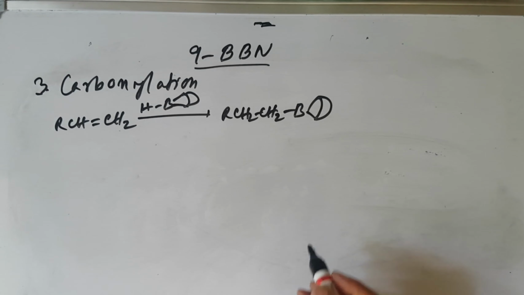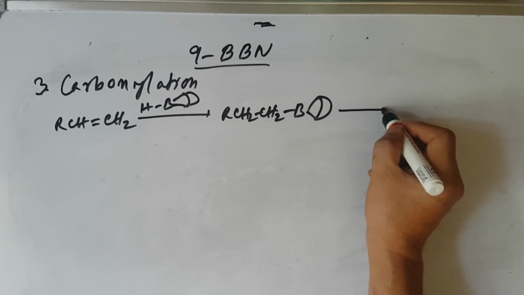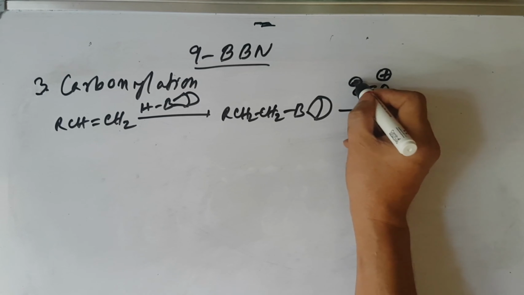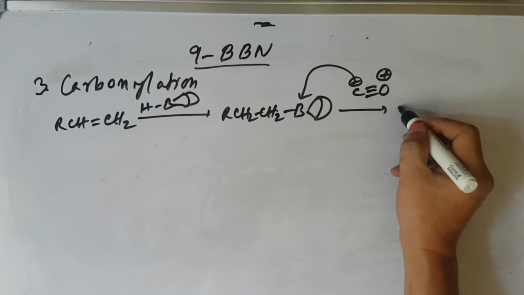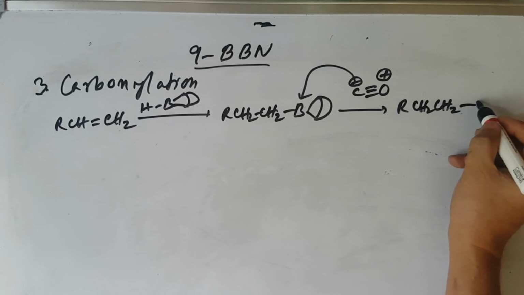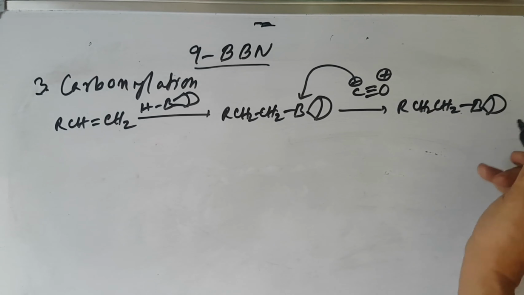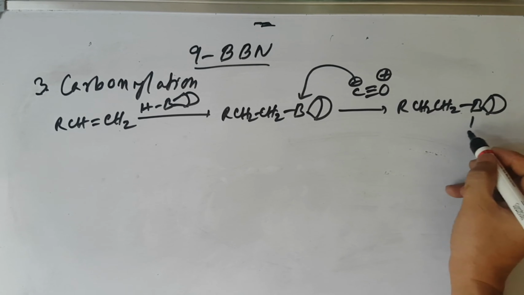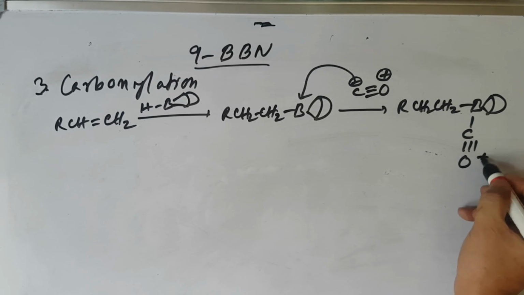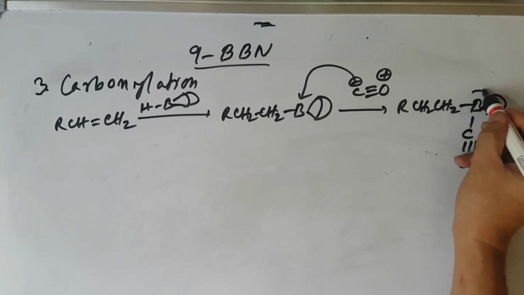First, reaction with carbon monoxide. So we get R, CH2, CH2, B, then carbon, then oxygen with a positive charge, and a negative charge here.